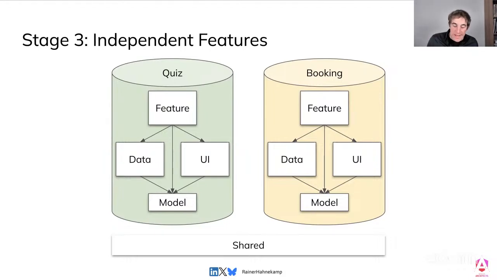What we want to have is that these features should stay independent from each other. That is very important because otherwise this kind of silo does not work anymore. What we also have, as soon as you have two features, is that you will find yourself reusing certain services, certain UI components. As soon as you do this, they are already becoming a candidate for shared components.